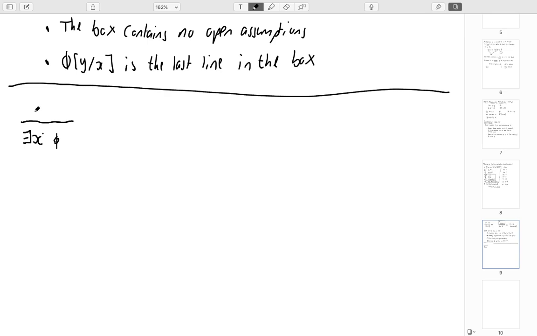So as long as we can show that phi holds for any term instead of x, that's good enough to show that there exists an x, because we've shown that phi holds for some value. So we use the substitution, and we just need to show that phi holds for some term t substituted for x, and we're done.